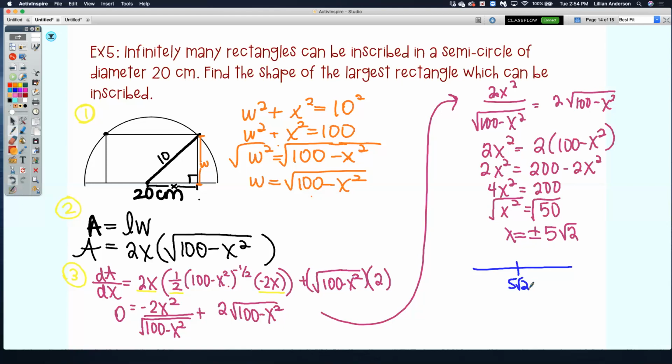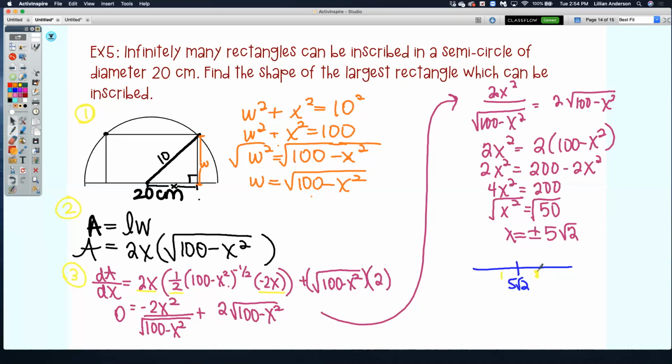Those are two values that are to the left and the right. I chose 1 because it's bigger than 0. X cannot equal 0, but it's definitely less than 5 root 2. And I chose 8 because the square root of 50 is 1 bigger than the square root of 49, which is 7. So I know that 8 is on the right side of 5 square root of 2.